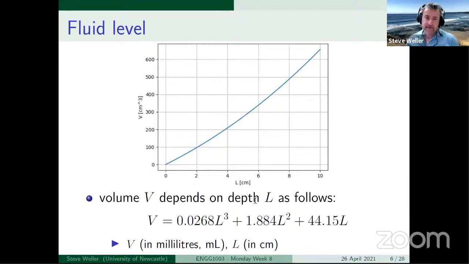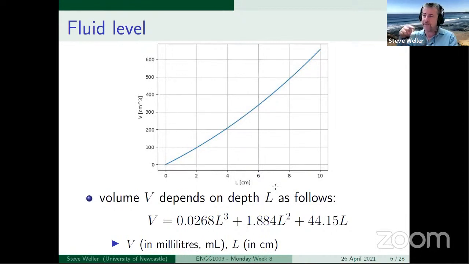So if, for example, L is 2 centimeters, so there's 2 centimeters of liquid in the bottom of the measuring cup, then we can read up to the value of V, and it's about 100. Not exactly 100, but if we zoomed in, it's pretty close to 100. So that's one way we can use that equation.